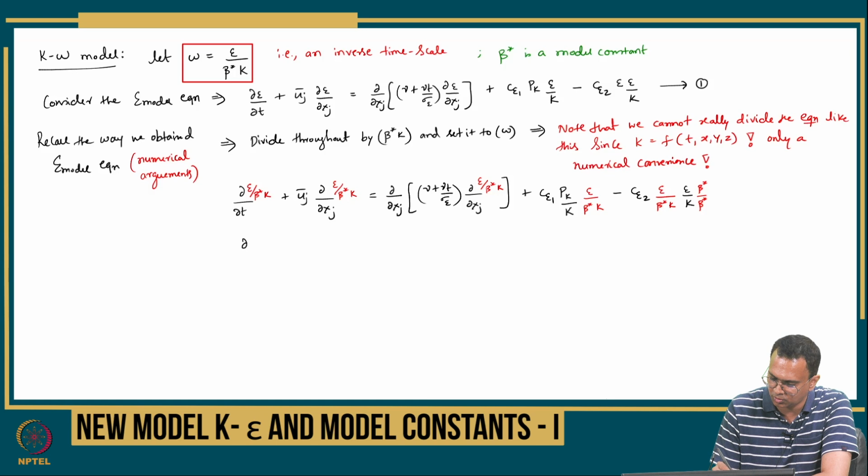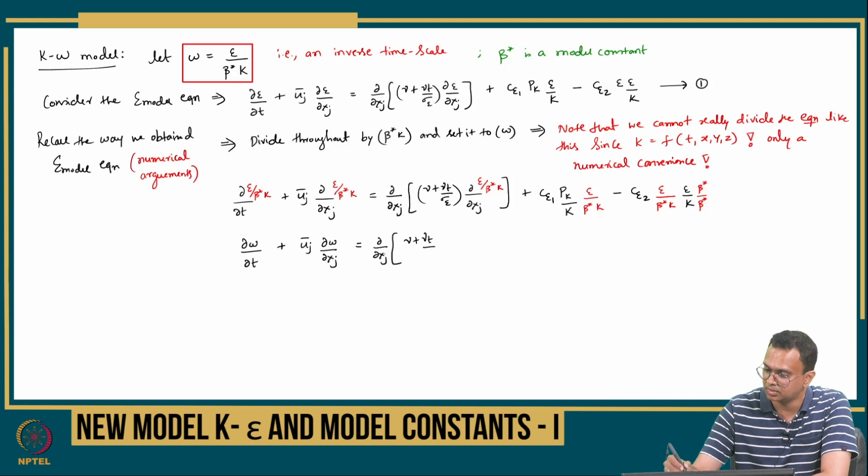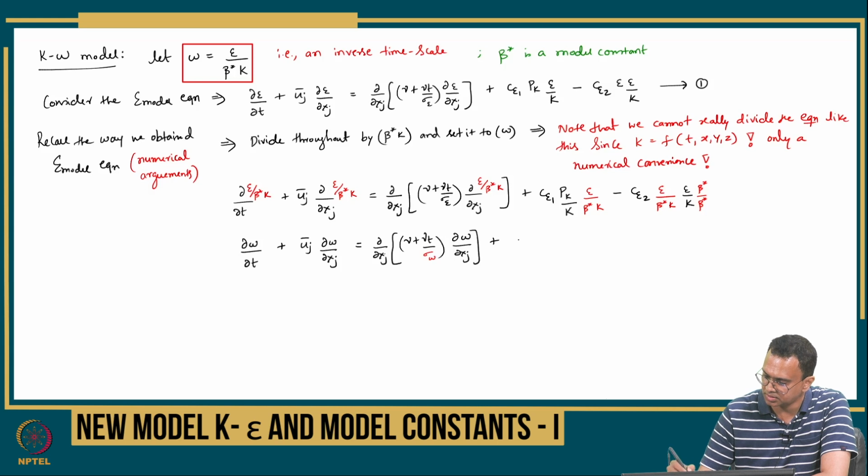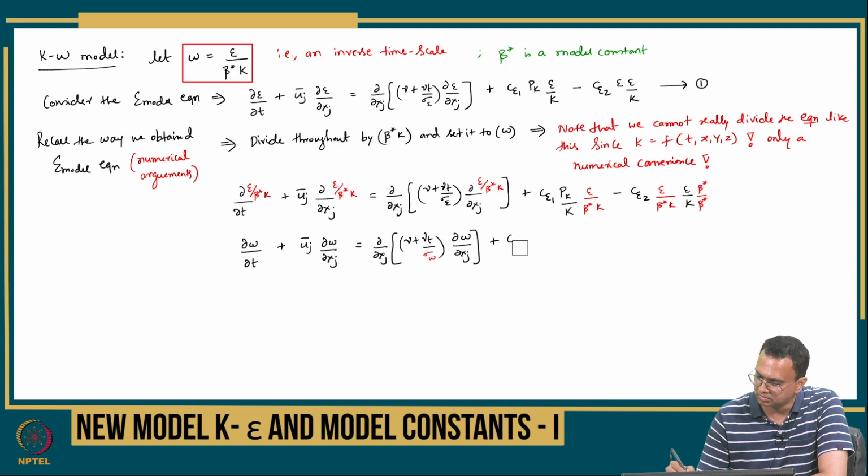I see that it's dou omega by dou t plus uj bar dou omega by dou xj equal to dou by dou xj of nu plus nu t by sigma omega, dou omega by dou xj, plus we have C epsilon 1, why C epsilon 1?